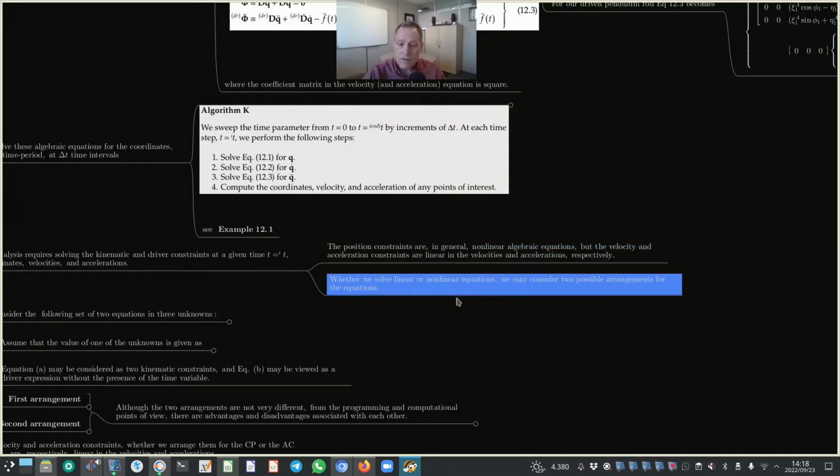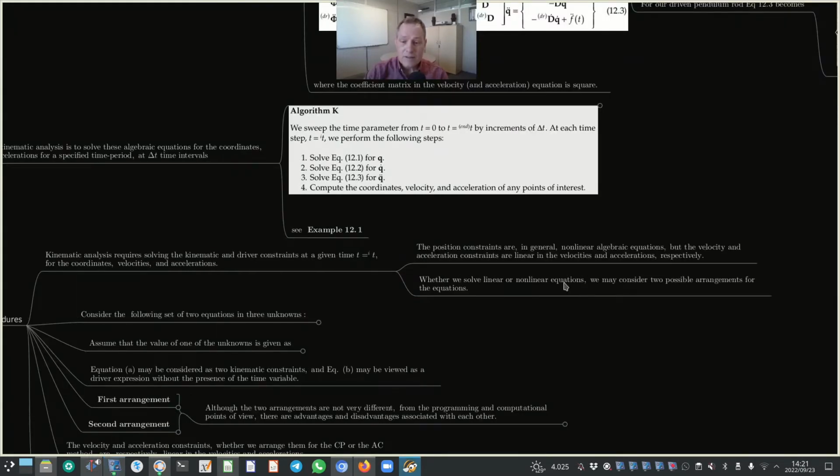Whether we solve linear or non-linear equations, we may consider 2 possible arrangements for the equations. In a minute we'll talk about the 2 possible arrangements.